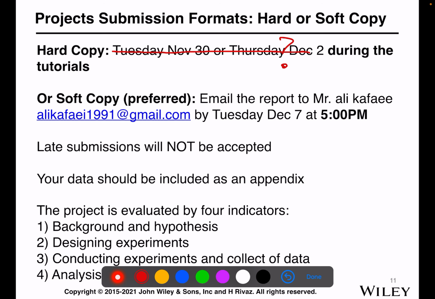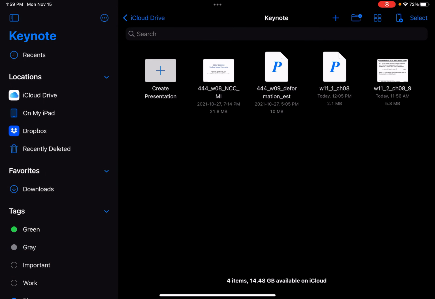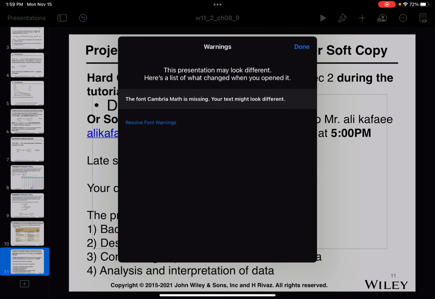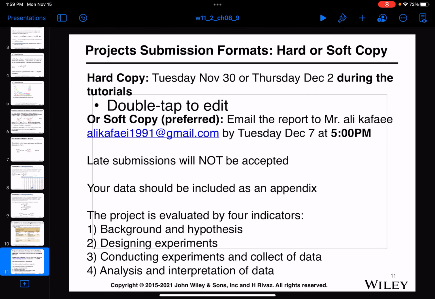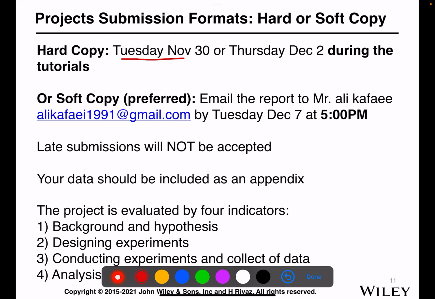For some reason, I did update the slides, but I guess this is not synced. So I'm not sure about these dates. Whenever the last day of the tutorial is, the due date is on that day. I don't recommend that you do a hard copy submission. I recommend a soft copy submission.